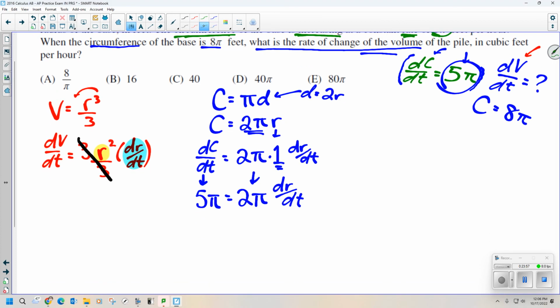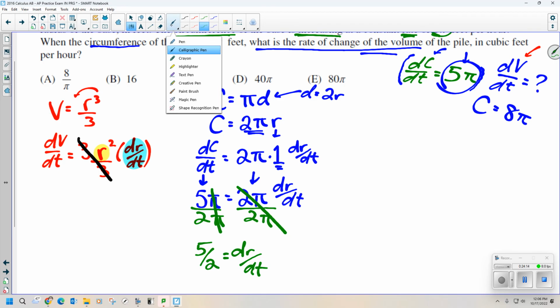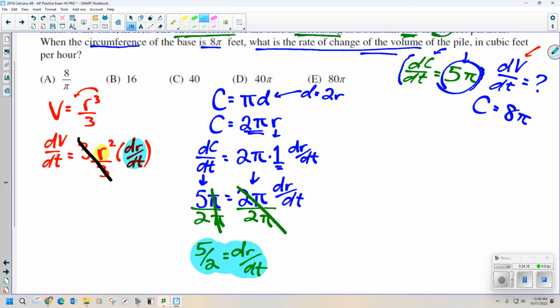So let's divide both sides by 2 pi. The pi's go bye-bye. So 5 halves. That's my rate of change of my radius. There you go. That's going to go in for dr/dt.